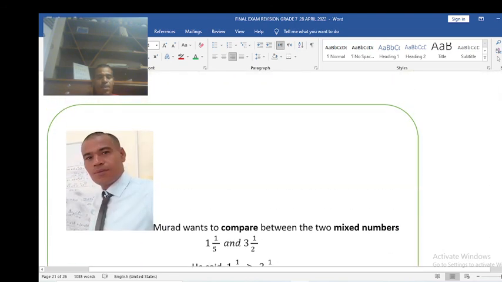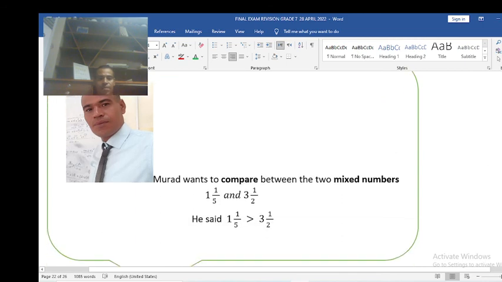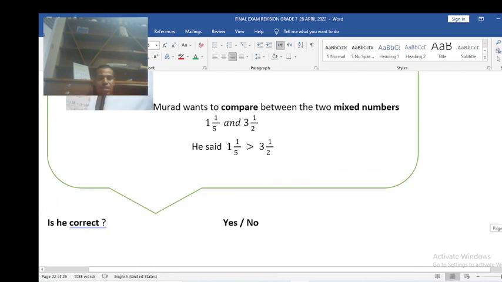Here your mathematics teacher wants to compare two mixed numbers: 1 1/5, where 1 is the whole and 1 over 5 is a proper fraction, and 3 1/2. Mr. Murad said that 1 1/5 is more than 3 1/2. Is your teacher correct or not? Let's see.